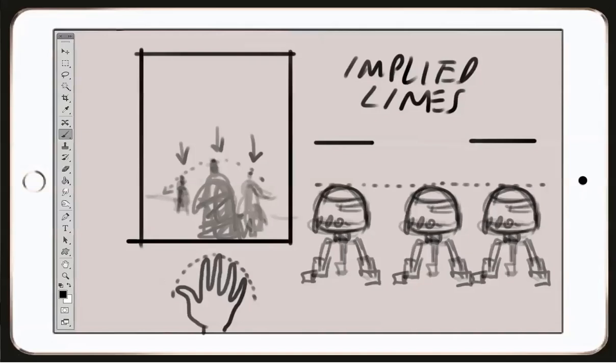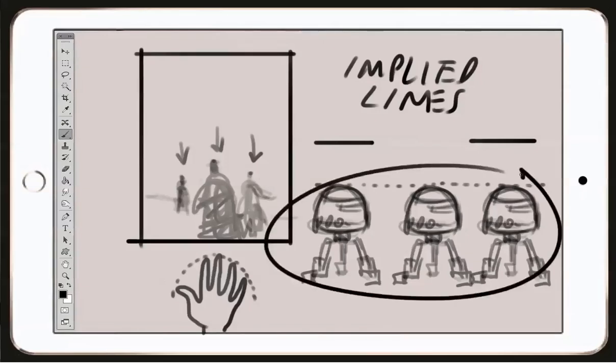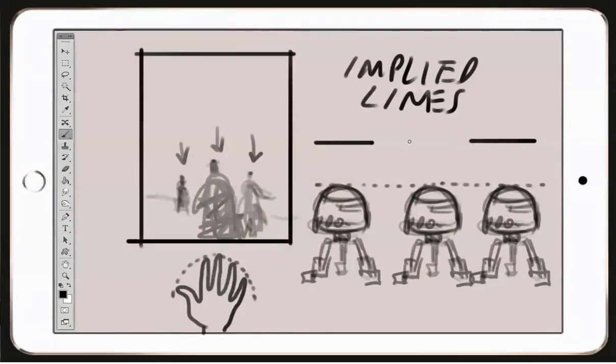You see? They connect with this invisible line, just like these robots form this invisible line here, or the fingers form this invisible curve here. It's the same sort of thing that occurs here, forming this invisible or implied line.